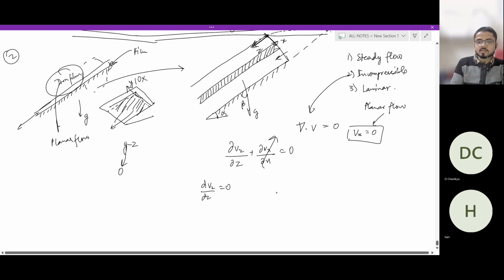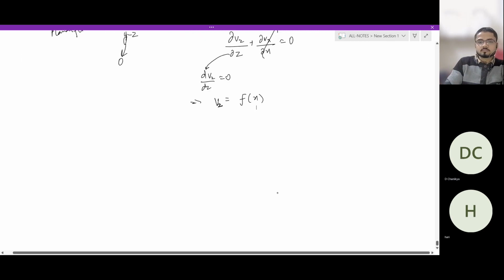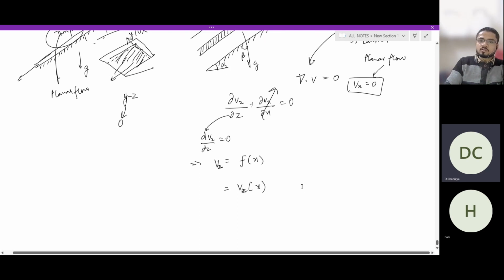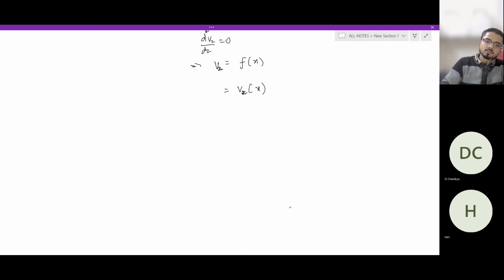Now notice that this del becomes d. This implies that Vz is a function of x, let's call that Vz of x. Okay, so now we know this. Now we start doing a momentum balance right here.